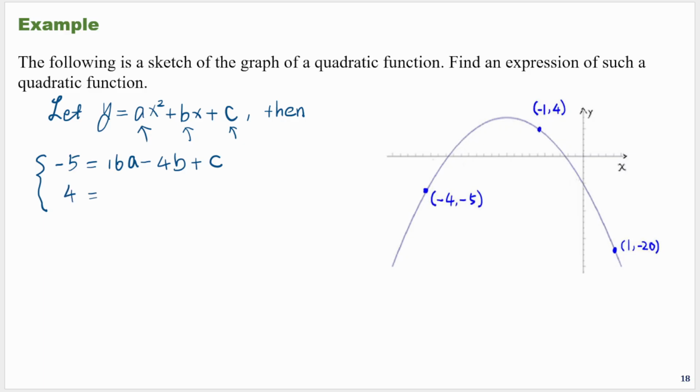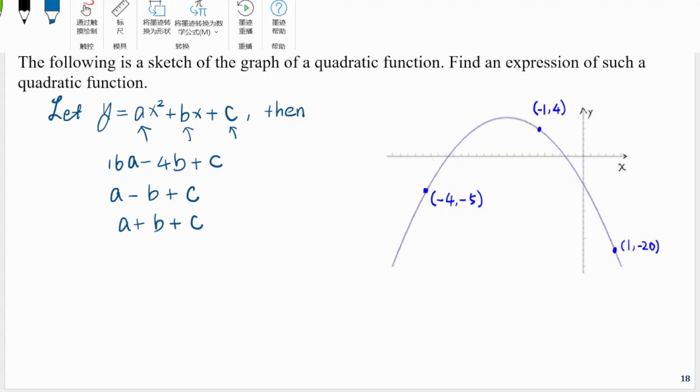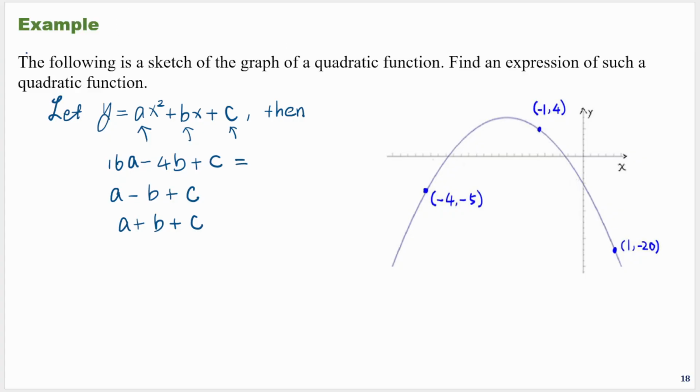So the second one gives you 4 equals a minus b plus c, right? And the third one is -20 equals a plus b plus c. Usually it's better to write the y on the right side. So that equals -5, 4, and -20.